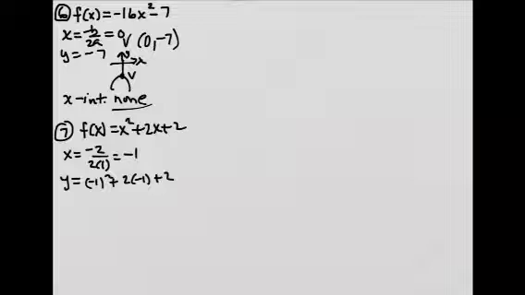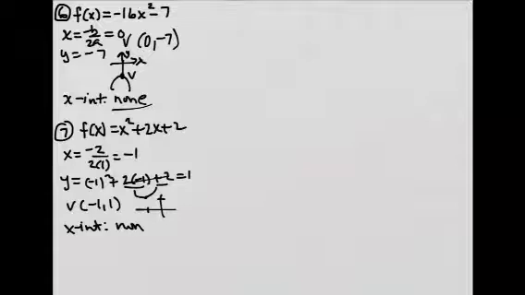So -1 squared is 1, plus -2, plus 2, that's 1. So the vertex is -1, 1. Now think about where that is. -1, 1 is here, right? And this parabola opens up. So for x-intercept, again, you're going to have none.